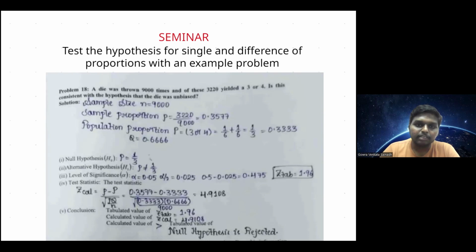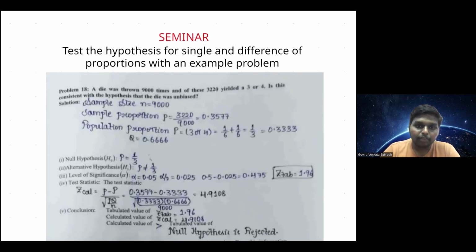And let's check the level of significance. Now, alpha is taken as 0.05, which is the rejection area, and alpha by 2 is 0.025.